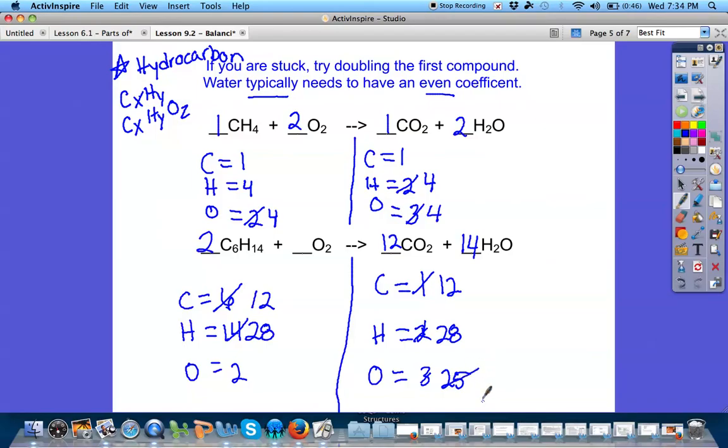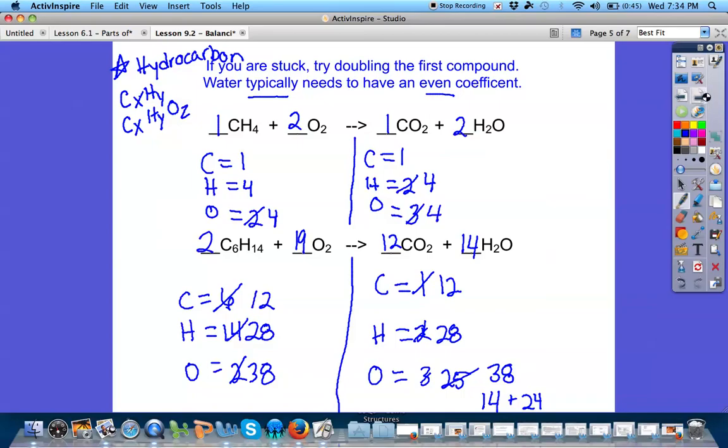So now we have 14 plus the 24 that we had over here in our CO2. That gives us a total of 38. So now, if we divide 38 by 2 to get our coefficient here, you should get 19. 19 times 2 gives us 38. And now we have a balanced chemical equation.